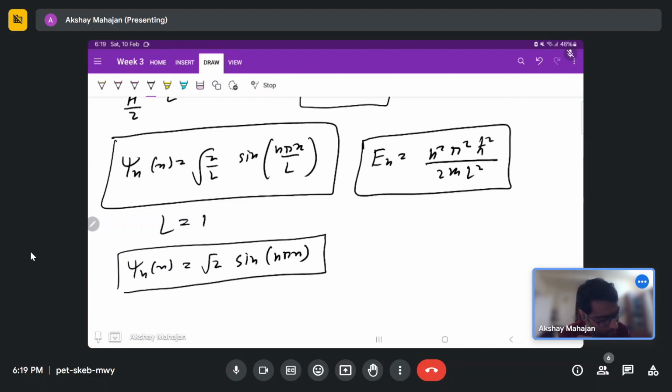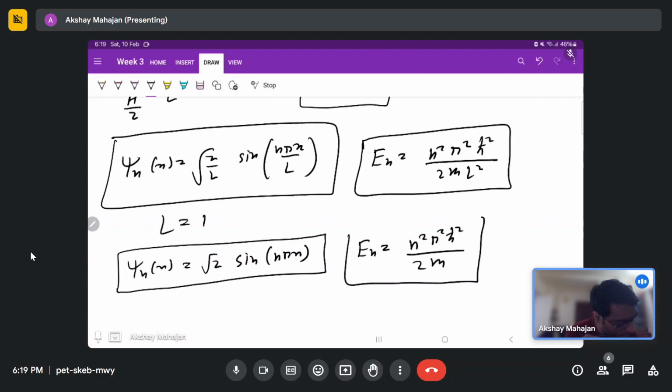So if it was symmetrical, then the wave functions and the energy eigenvalues are going to be n square pi square h bar square by 2m, for L equals 1. So this would be our wave function if the box was symmetrical.